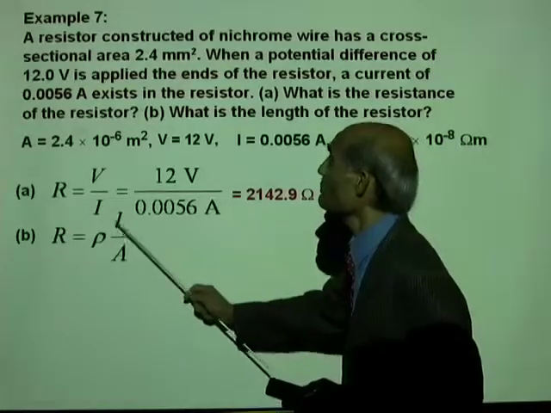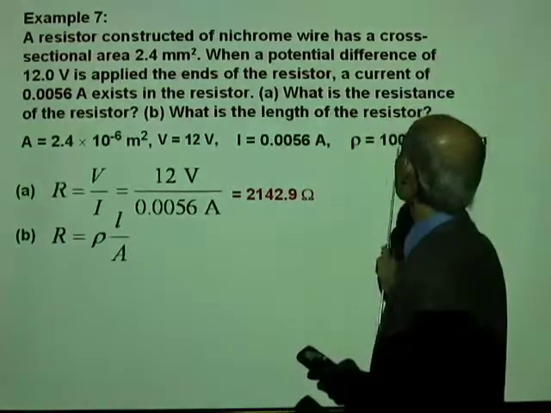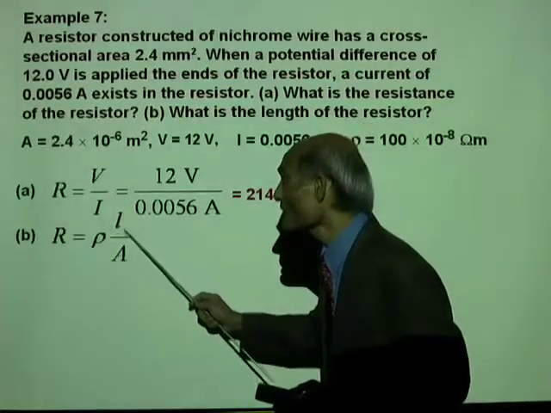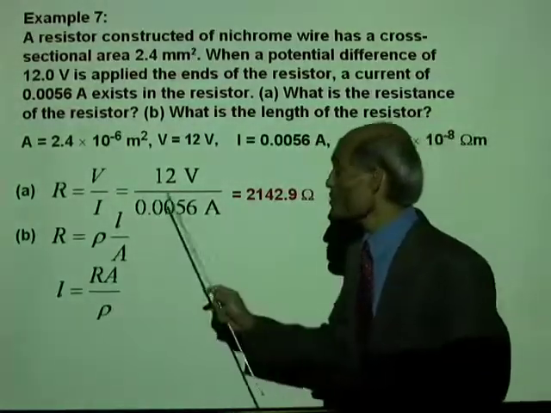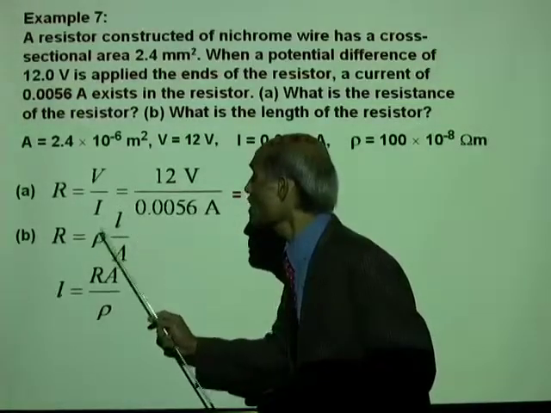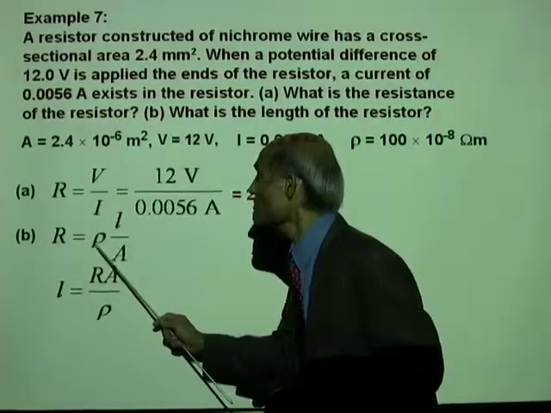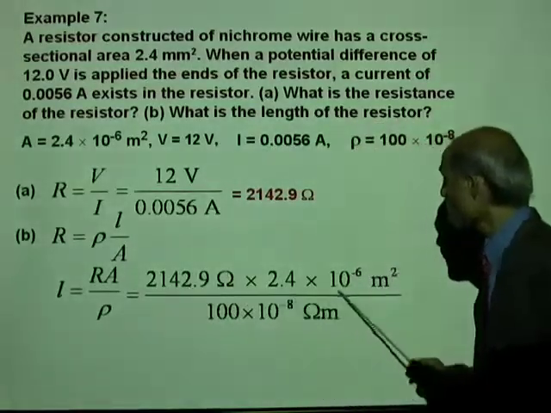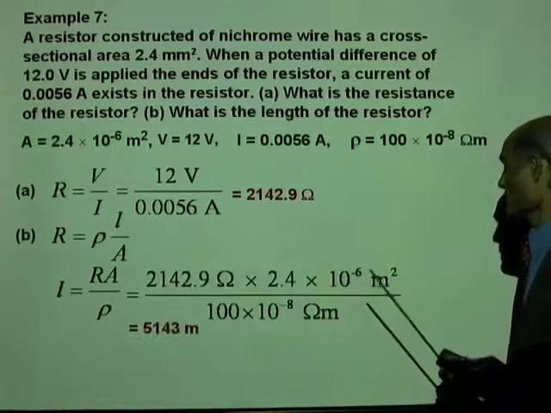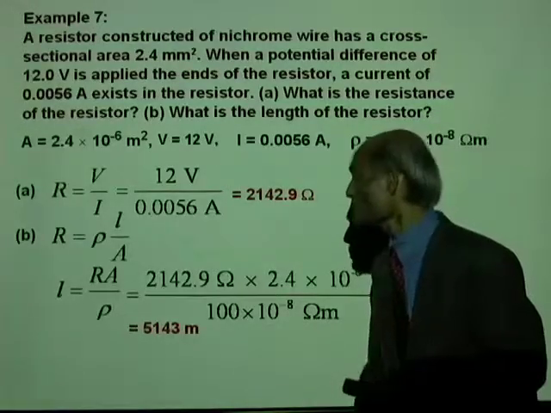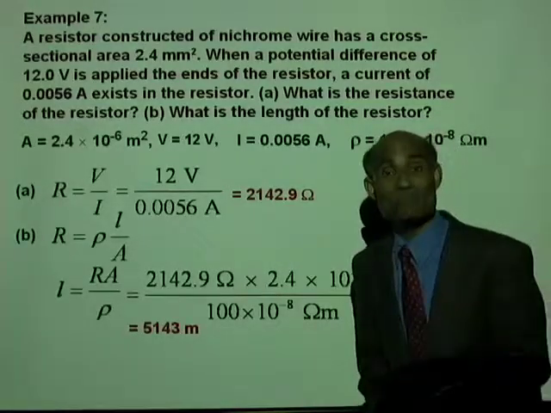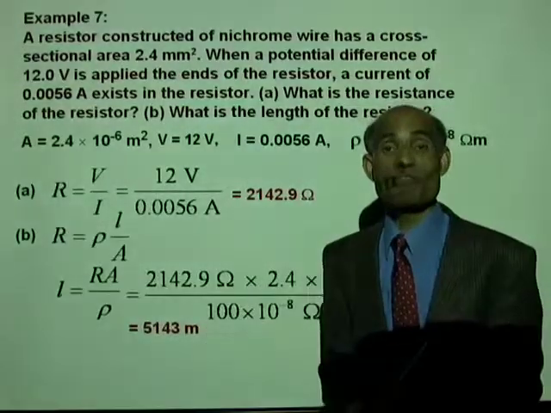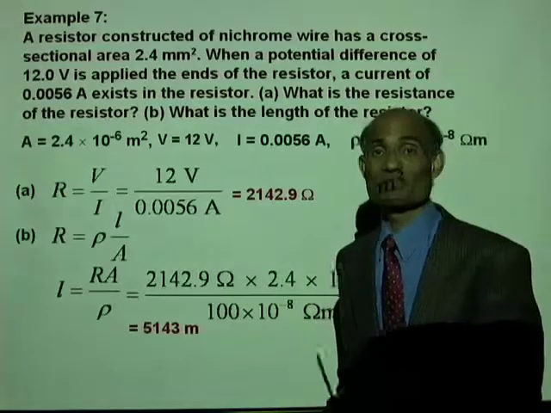We have rho, is that right? We have the area of cross section, therefore we can calculate L. Solve for L. L equals R A divided by rho, and put all those values that we have. That will be 5,143 meter. The length of that resistor is more than 5 kilometers.